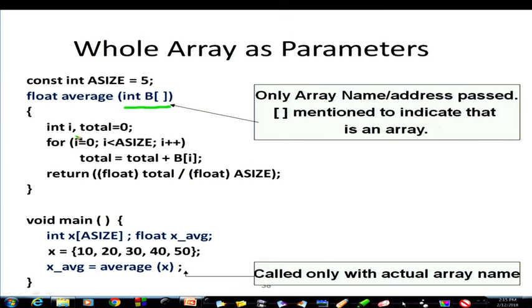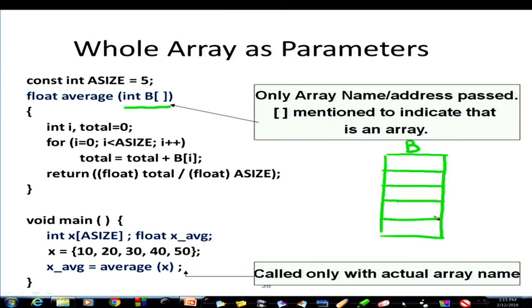Now, let us see what is happening. Int I, total 0, for I equals 0, I less than a size, that means less than 5, I plus plus, total equals total plus B[I]. So, what is happening? So, here is an array B, the array size is 5 and all these elements are being added.